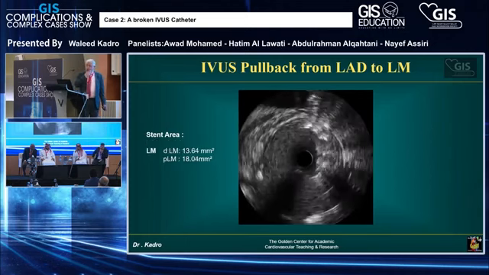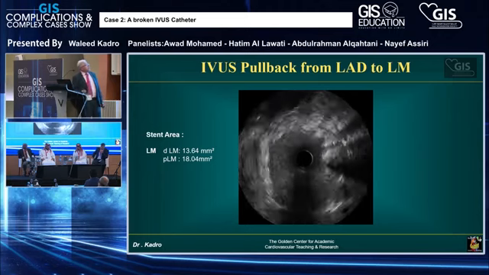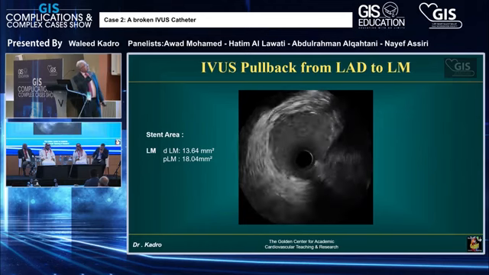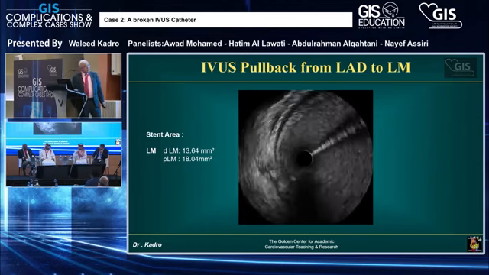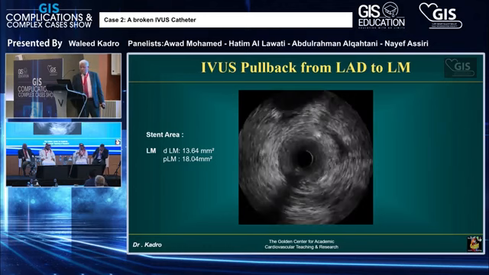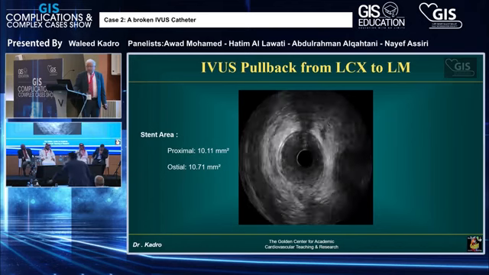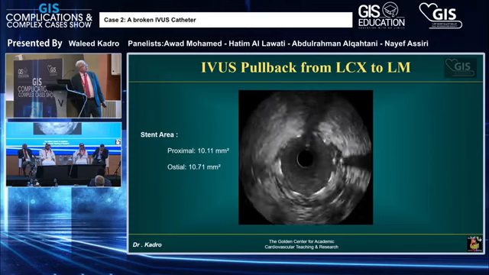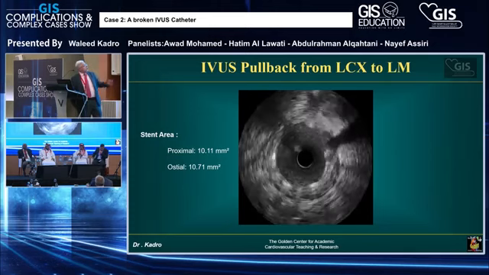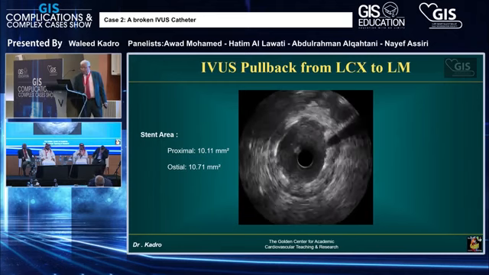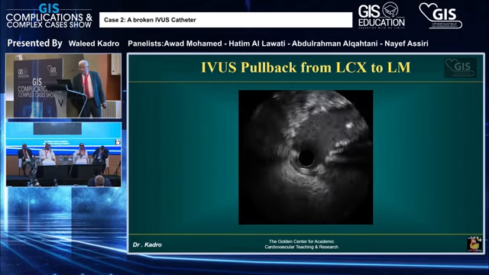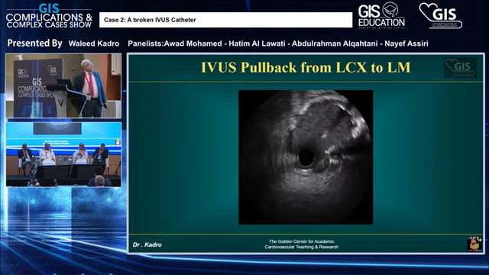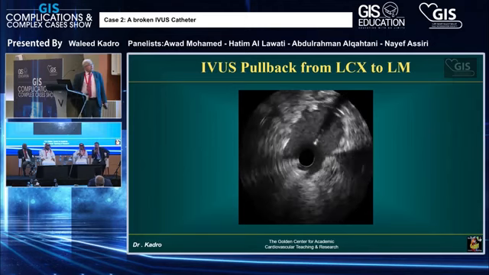Then we have the pullback from the LAD to the left main, and we see 2 layers of stent, and there is some change in the shape, but the diameter was adequate, so I don't think I had to do further workup. Now this is the pullback from the circumflex to the left main, and you see the stent in the circumflex is also well opposed with good cross-sectional area. And this is the last part from the circumflex to the left main, and it's also clean.